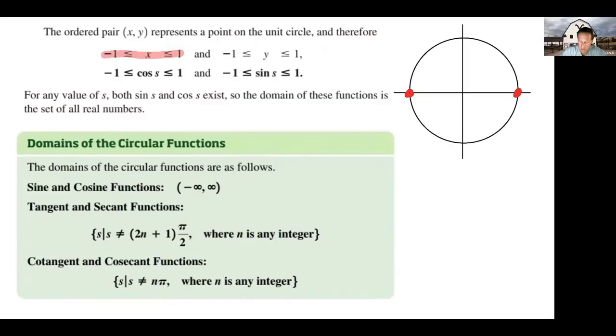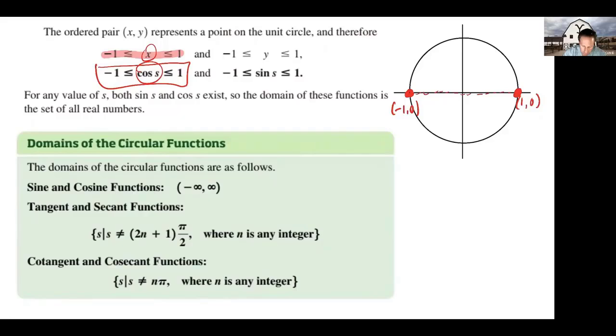So you can see our x values on this unit circle go from this 1 value all the way over, with everything in between, to negative 1. So when we're talking about the x value, remember now we're talking about our cosine function. So the cosine's range, the range of values that come out when evaluating it, would be somewhere between negative 1 and 1, including those values.